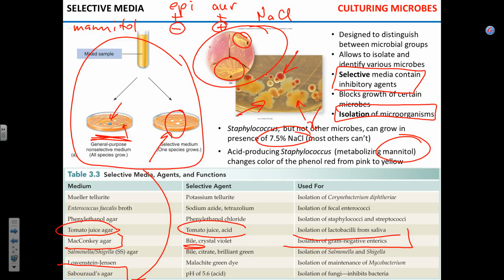It's acidic agar that restricts the general growth of bacteria but promotes the growth of fungi. So you see, we're not talking about selecting one species out of thousands and thousands of various bacteria. It's rather selecting the group, okay, gram-positive versus gram-negative, okay? That makes sense?